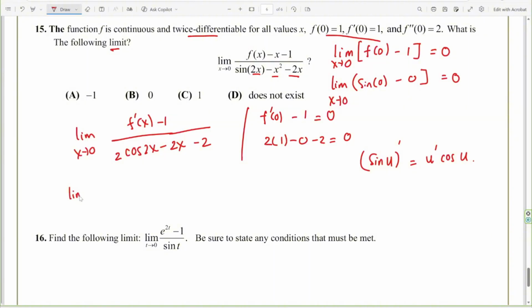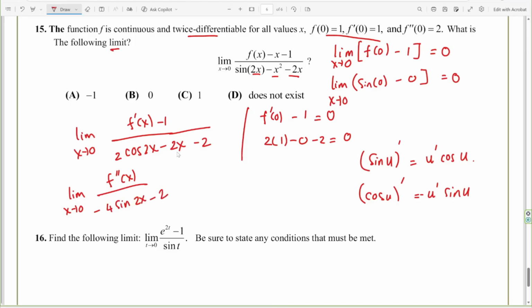So we have limit when s approaches 0. The derivative of this one should be the second derivative, right? The derivative of negative 1 is 0 over the derivative of this one, use the chain rule, right? It's going to be u prime times sine u, right? Don't forget the negative sign right here. So it could be negative 2 times 2, it will be negative 4 sine 2s, right?